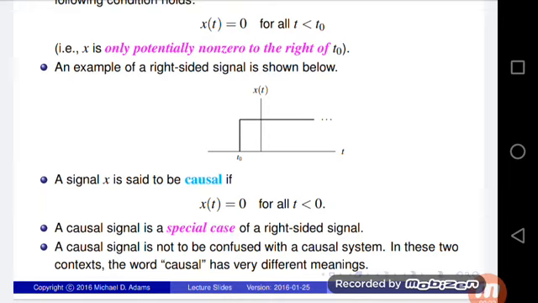A causal signal is not to be confused with a causal system. In these contexts, the word causal has very different meanings.